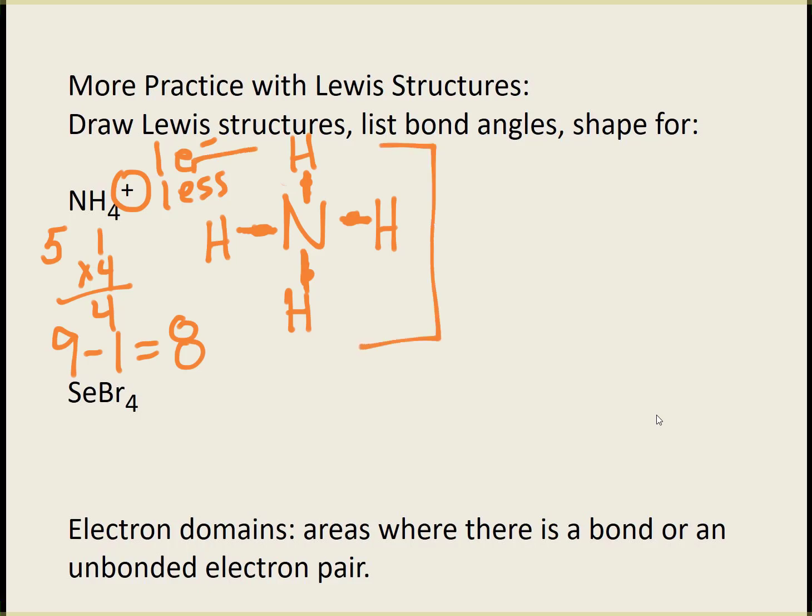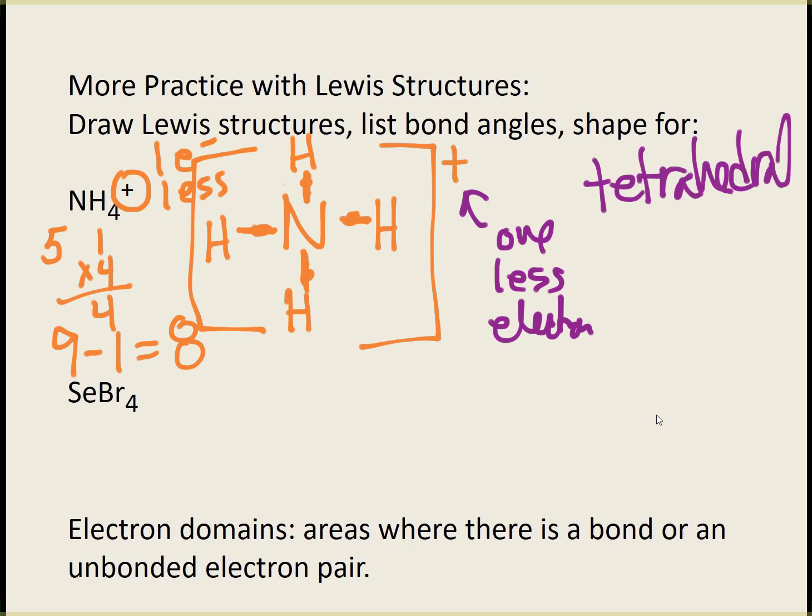This is ammonium. I have to put the whole molecule in brackets and say it's positive. Again, that positive means that there's 1 less electron. Okay, so what shape would this be? Well, if it has 4 bonded pairs and no unbonded pairs, this is tetrahedral. And I would guess that my angle right here is going to be 109.5.